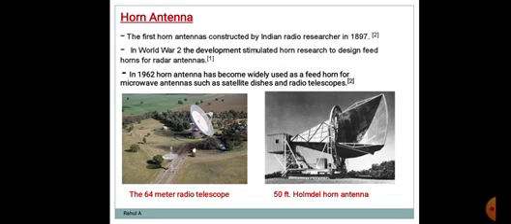We have to provide a medium that carries the power from the transmitter section to the antenna, and that is called the feeding section. That's why the horn antenna concept is used as a feed horn for microwave antennas like satellite dishes and radio telescopes. In the figure you can see the radio telescope and the horn antenna model.